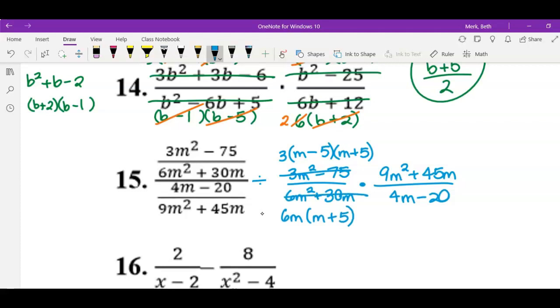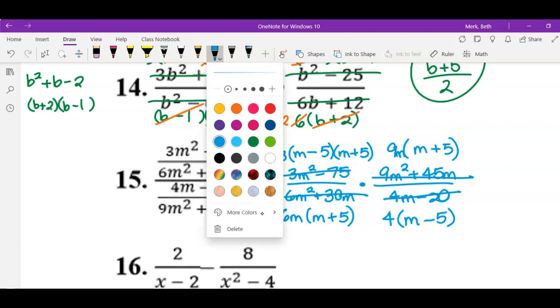Up top here I can factor out a 3 and an m, leaving behind 3m plus 15. Oh, it looks like I could have factored out a 9 actually. I would have looked a little more closely. 9m will factor out, leaving behind an m plus 5. And finally, a 4 factors out, leaving behind an m minus 5.